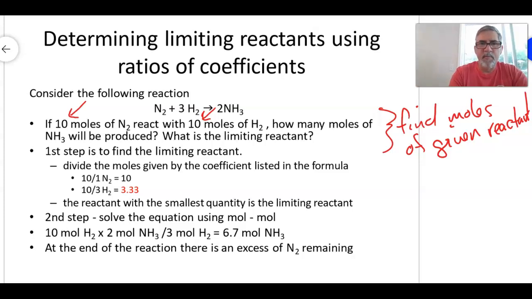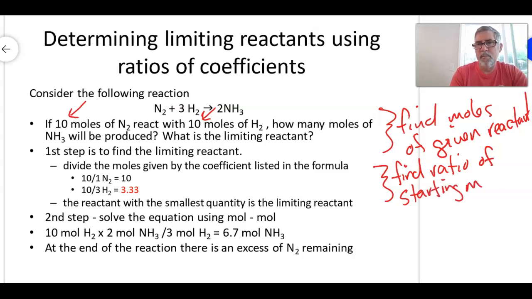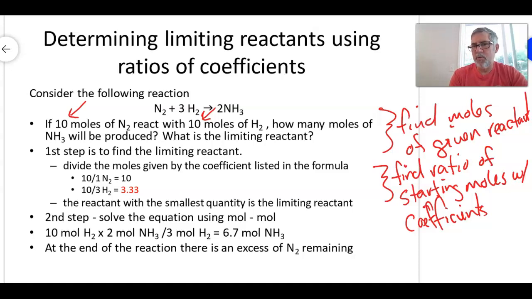The second thing we have to do is find the ratio of the starting moles with the coefficients. I start with 10 moles of nitrogen, and in my reaction I need 1 mole. So 10 divided by 1 is 10.